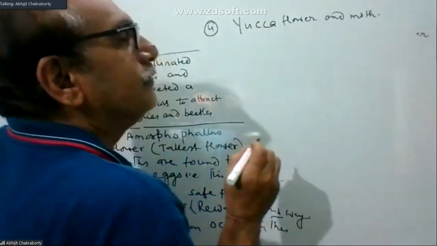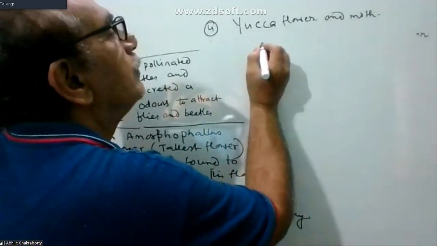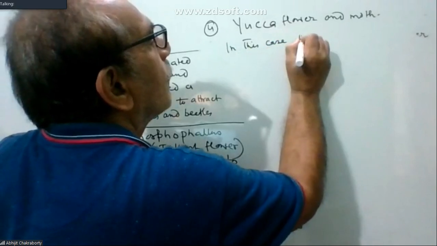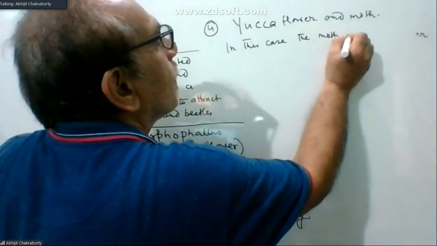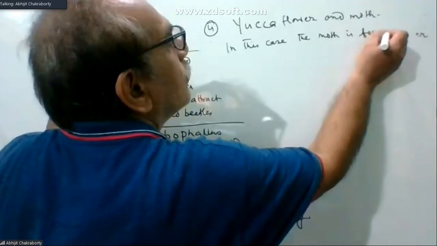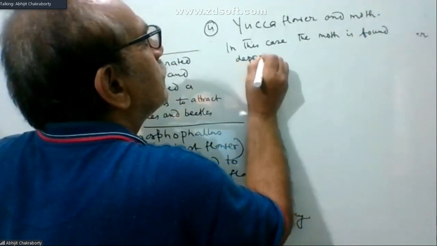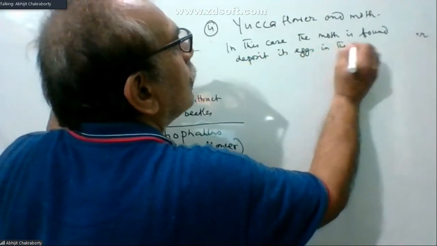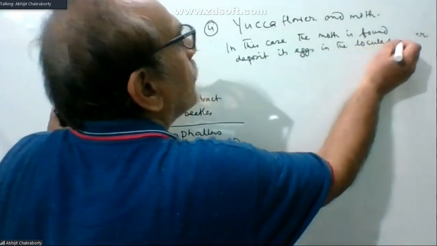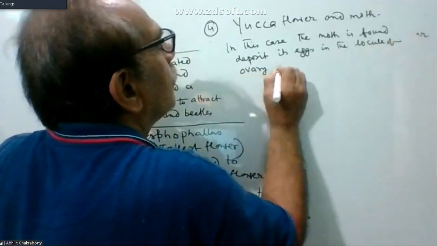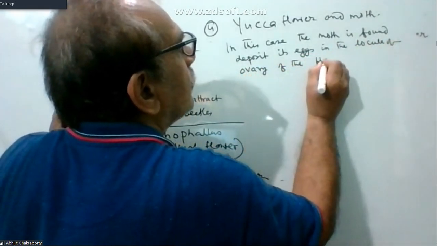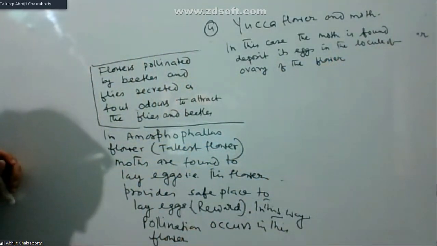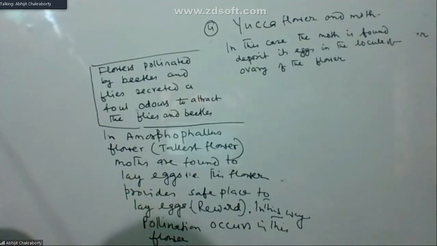Now you see, in this case, the moth is found to deposit its eggs in the locule of the ovary of the flower. The moth is found to deposit its eggs in the locule of the ovary of the flower.